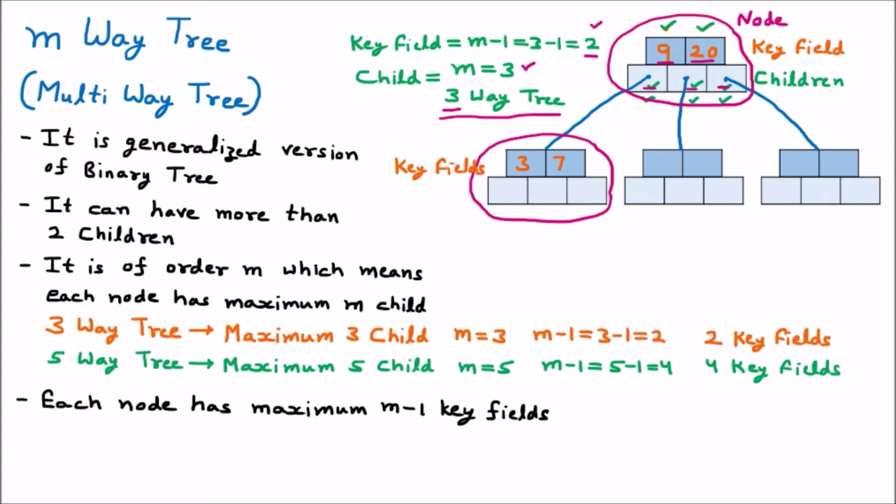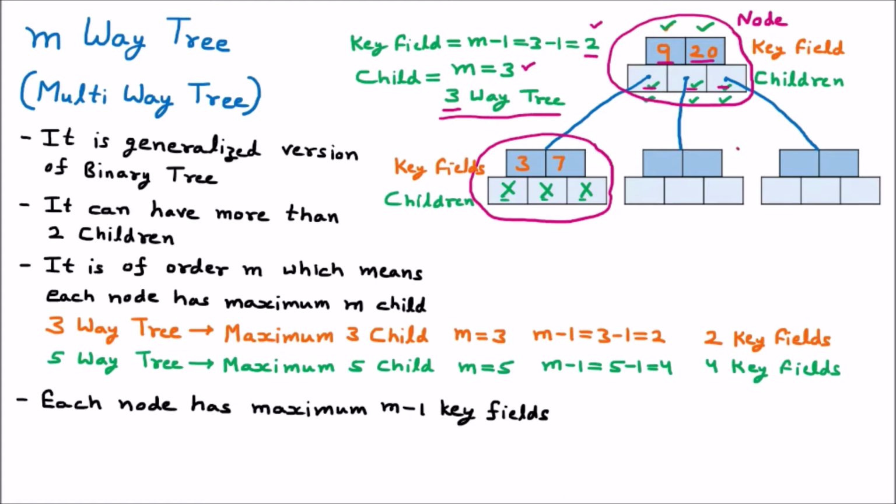Now further we are having 3 blocks and these 3 blocks represent the children. The number of children will be the number of keys plus 1, so obviously there are 3 children. Now here you can see that there is no further node connected, so we are representing it as a cross. Cross means it is having no children. Whenever an empty block is there and there is nothing, we put the cross, and that cross means there is no child.